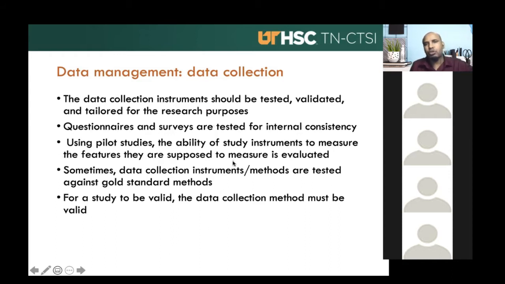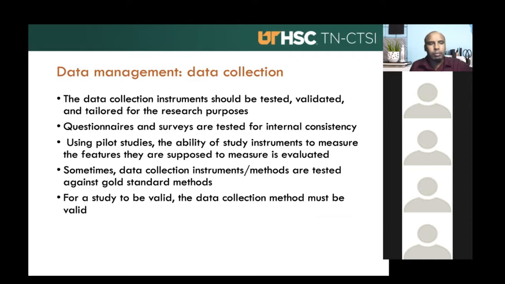So data collection instruments should be tested, they should be validated and tailored for the research purposes. Sometimes multiple questions might be about the same topic, and we want to make sure that there is consistency in the questionnaires that are related to a certain item.